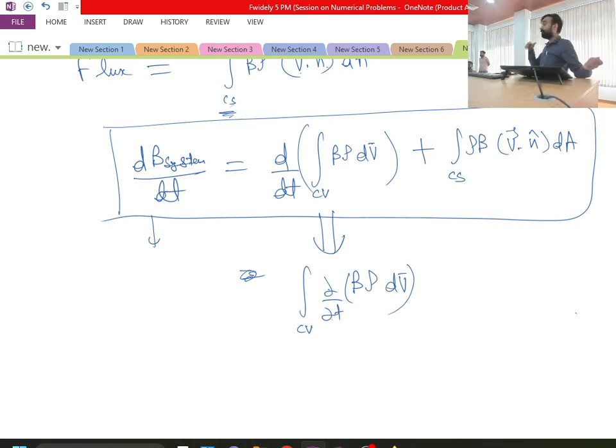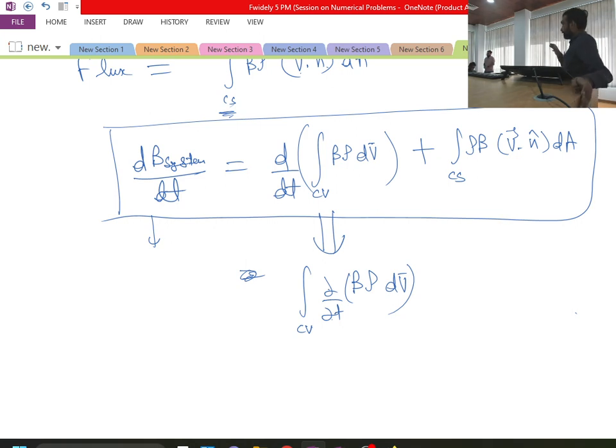But if it is not fixed in space and is moving, then for a rigid motion of the control volume, I can still put this time term inside. But if the boundary of the control volume is deformable, so the volume is also changing with time, then I cannot put this time derivative inside. In that case, first I have to do the volume integral and then take its derivative with respect to time. Is this point clear?